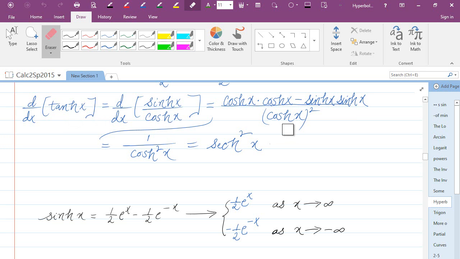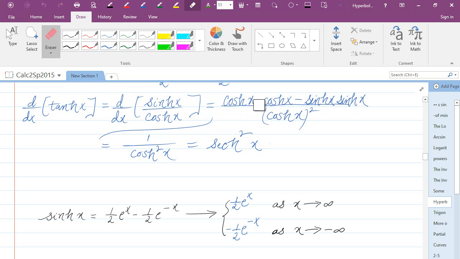I square the denominator. It's the denominator multiplied by the derivative of the numerator, and the derivative of the numerator here is hyperbolic cosine of x, and then minus the numerator as it is here, multiplied by the derivative of the denominator, and the derivative of the denominator here is hyperbolic sine of x.